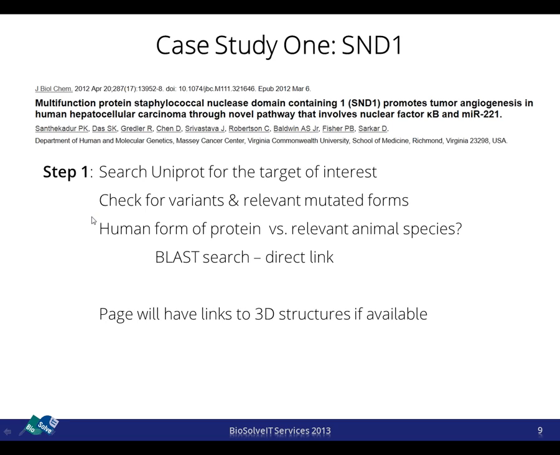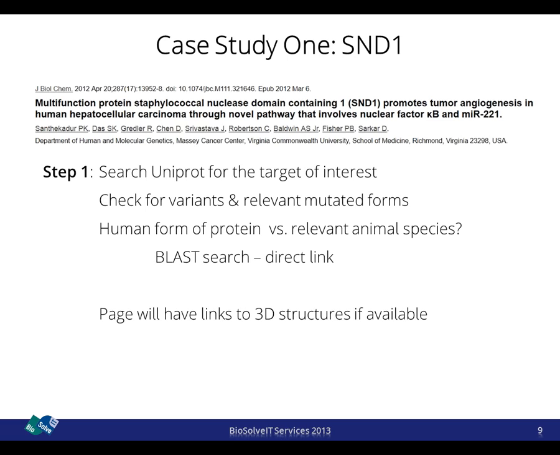So the first step that I normally take is to search an online resource, UniProt, for the target of interest, and check that for natural variants of the target, and alternatively we might be interested in relevant mutant forms.